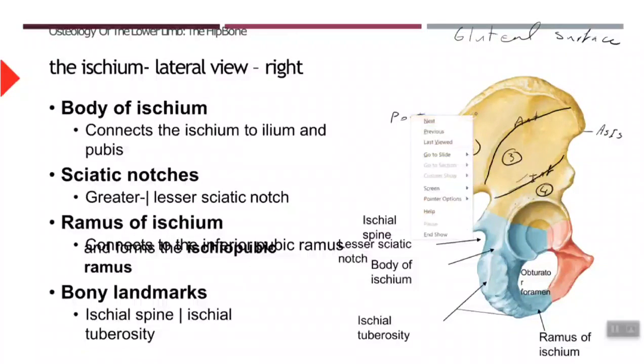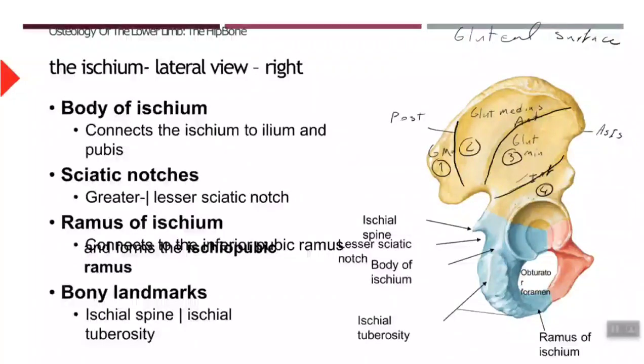The gluteus medius attaches to this area between the anterior and inferior lines. The gluteus minimus, another gluteal muscle, attaches here, and below the inferior gluteal line, in this area, one of the heads of the rectus femoris muscle attaches.